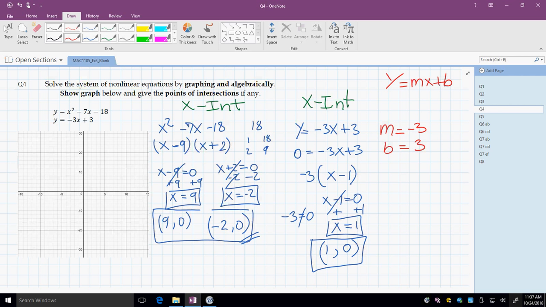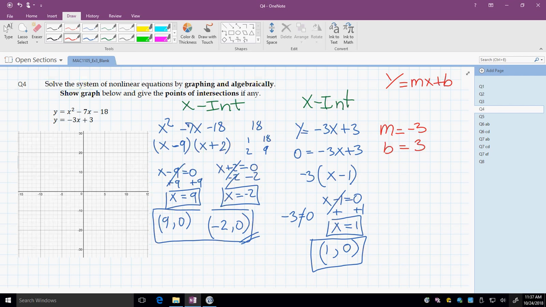Now, for the quadratic one, we have to work out the y-intercept. So again, if you relate that, it's going to be negative 18, the y-intercept. So you have the x-intercepts, and the negative 18 is going to be your y-intercept.